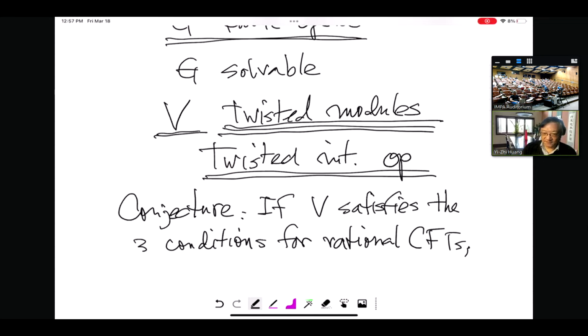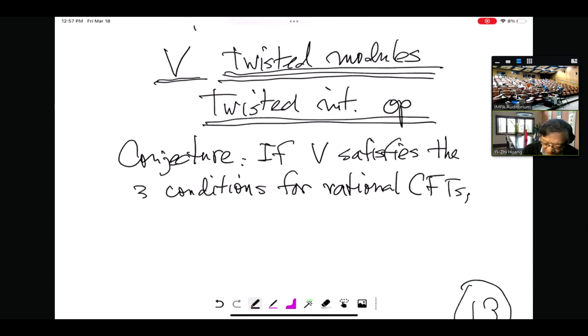The vertex algebra as a module for itself shall be equivalent to its graded dual, and also it shall be C2-cofinite, and all the relevant modules shall be completely reducible. And also another condition: G is a finite group.